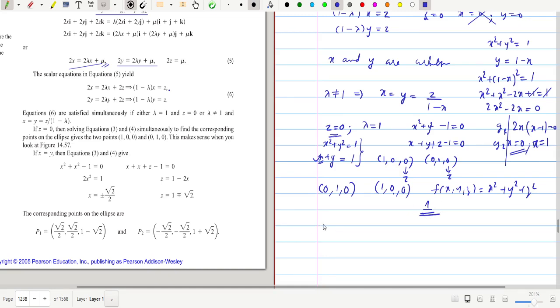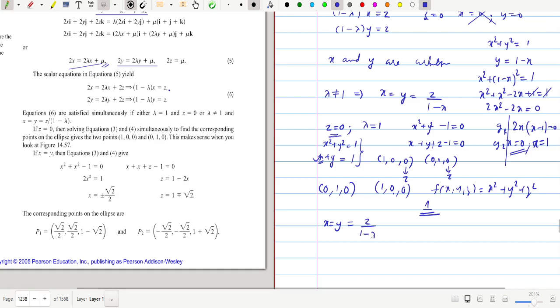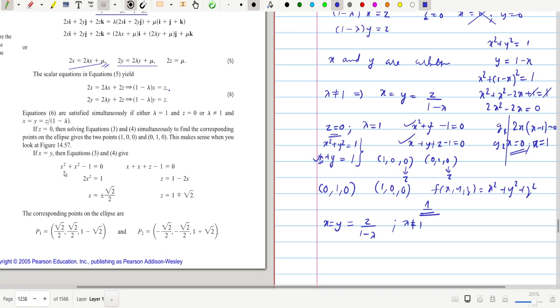And in the other case we have x equal to y, which is equal to z by 1 minus lambda. Here lambda is not equal to 1. In this case we solve equations 3 and 4, the equations corresponding to g1 and g2. That will give x square plus y square minus 1 equal to 0, because x and y are the same.